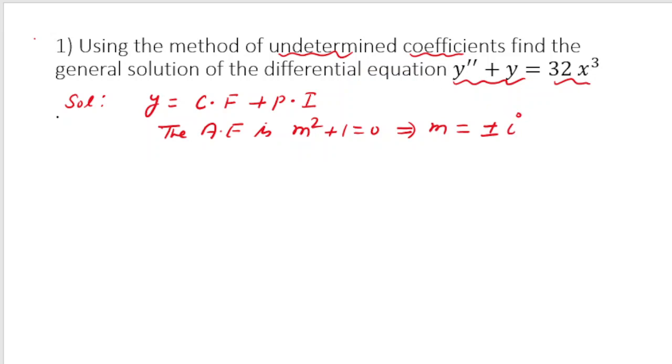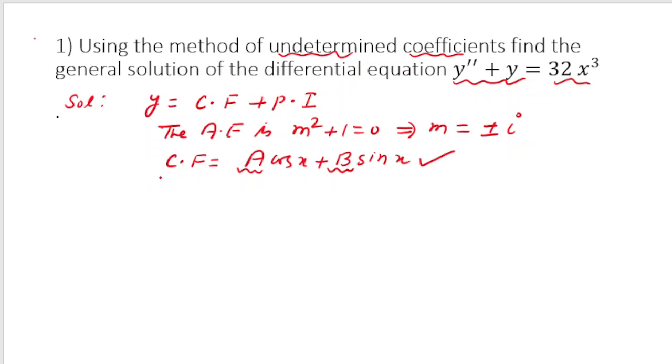Now if m is equal to plus minus i, then the complementary function will be a cos x plus b sin x. I have deliberately selected the arbitrary constants as a and b, because in the trial solution I will be selecting c0, c1, c2, etc. So this is the complementary function, right? But we have to find the particular integral.